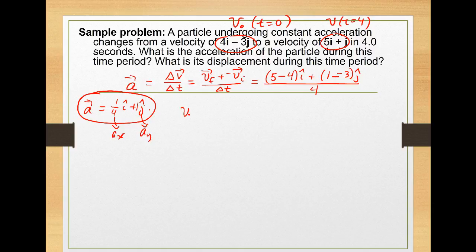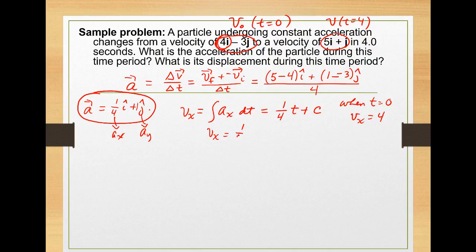So this means that vx is going to be the integral of ax dt, and similarly for vy. So vx is going to be 1/4 t plus a constant. But we know that from this information, when t is equal to 0, vx is actually equal to 4, because that's the x component of our initial velocity. So vx is really 1/4 t plus 4.